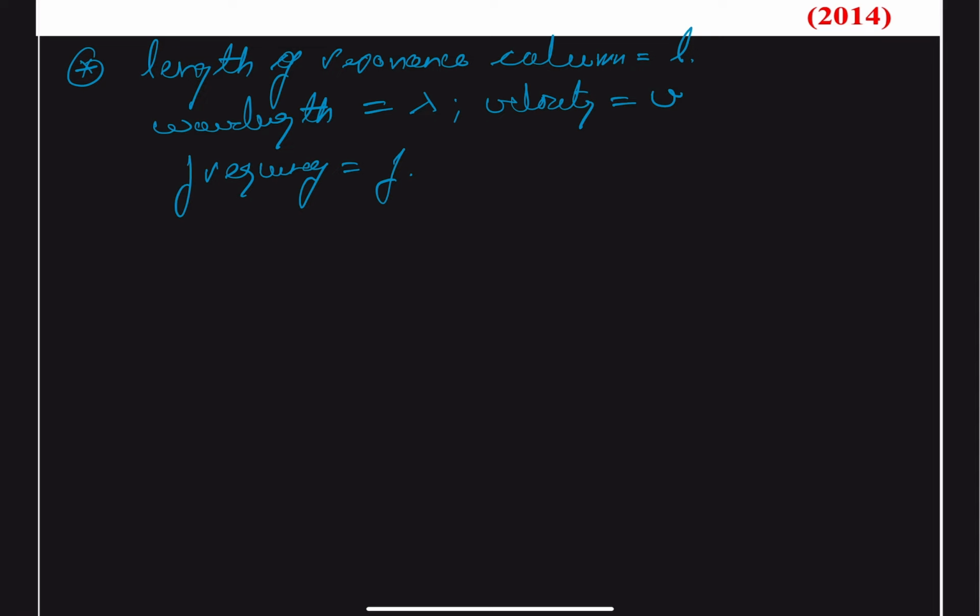We can write that our length L will be equal to lambda by 4, which gives that our lambda will be equal to 4 times L, and our velocity is equal to lambda multiplied by frequency.